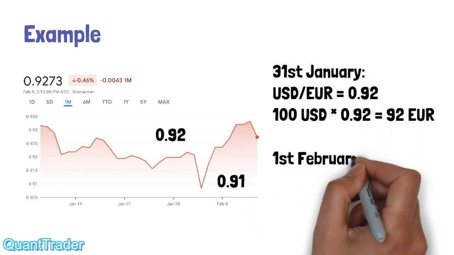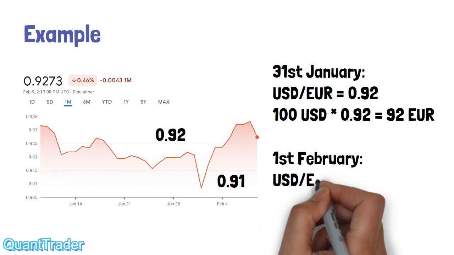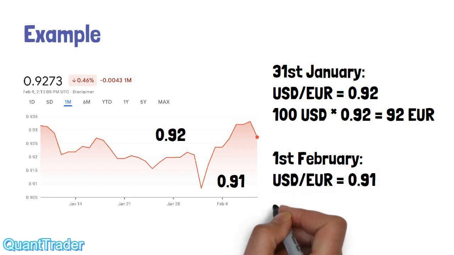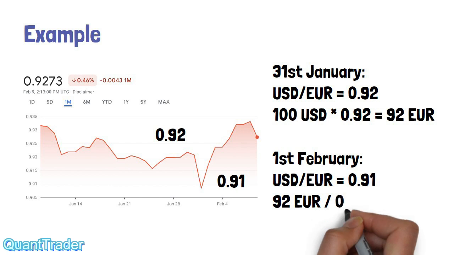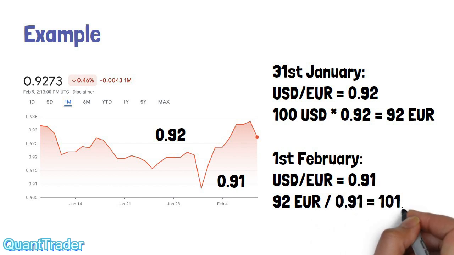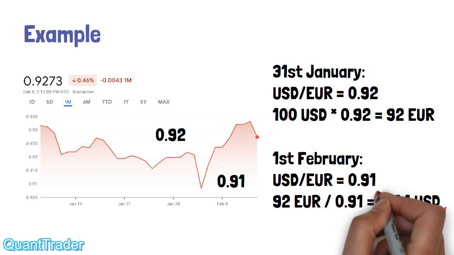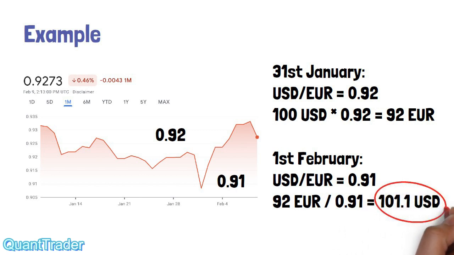But some plans changed and the trip was postponed, and you decided to change it back on 1st February, while the exchange rate was already 0.91. And after you exchanged your euros back to USD, you received $101.10. Meaning we've just made $1.10 from nowhere.